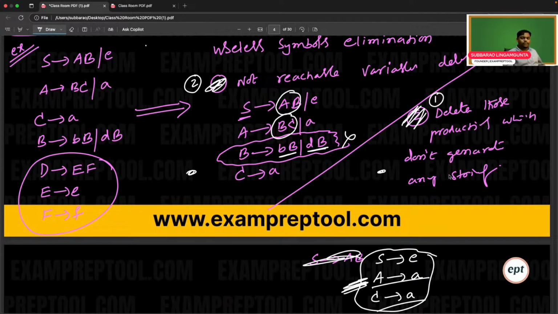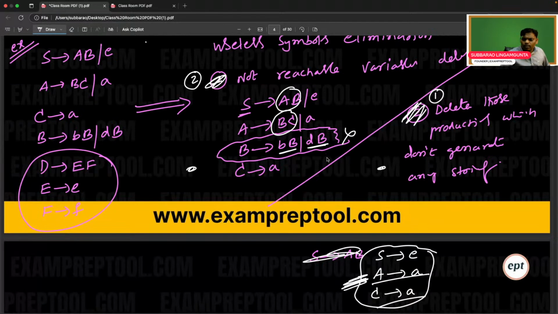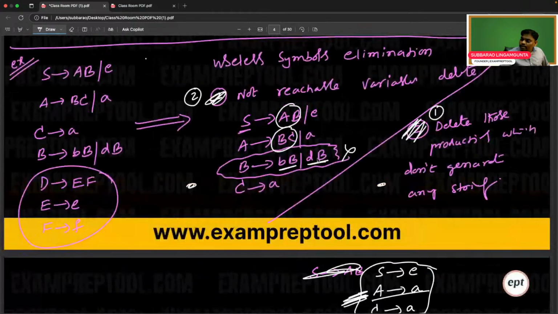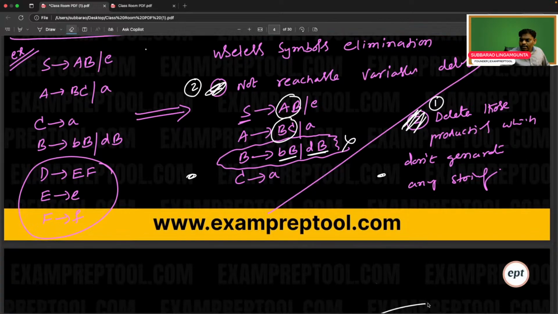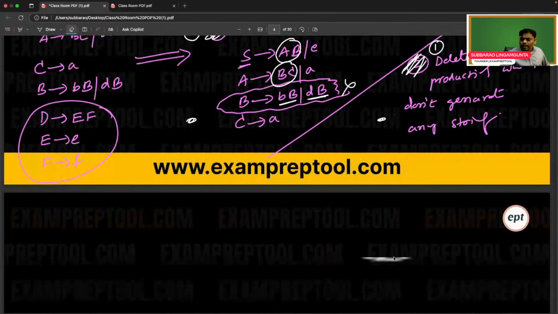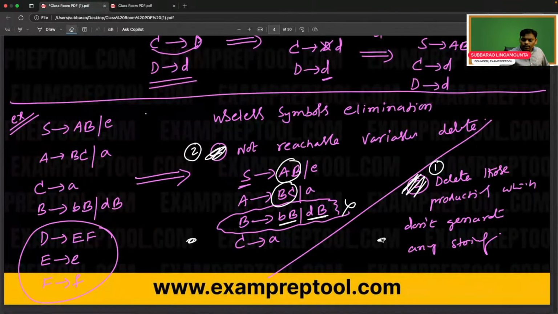Second, delete the non-reachable variables, so that everything is perfect. No need to be confused, I just wanted to make that point. If you do whatever order you want, there is no guarantee you will get the simplified one. Don't do it randomly.